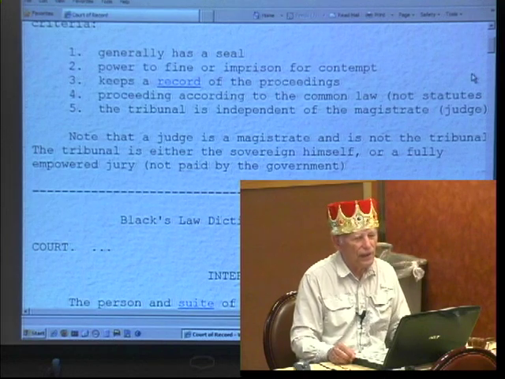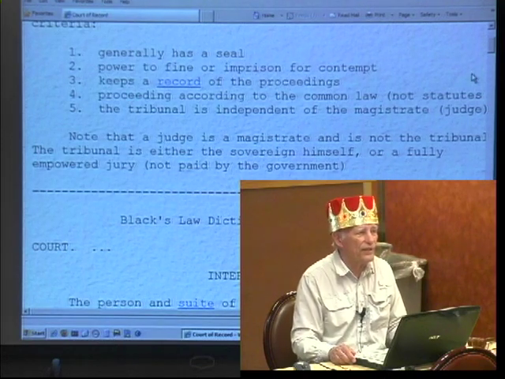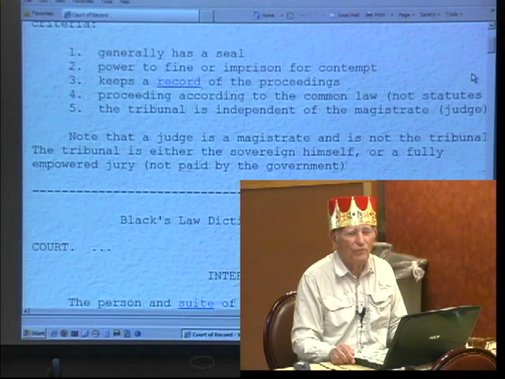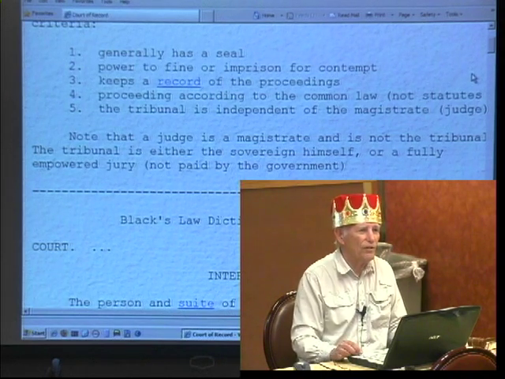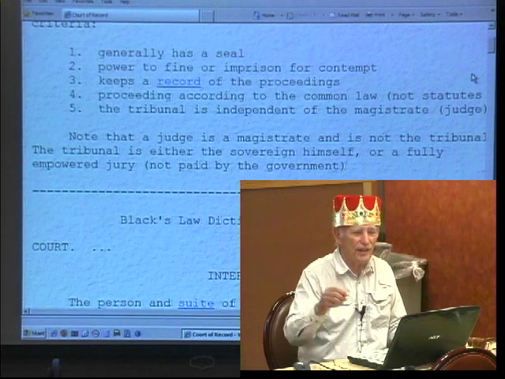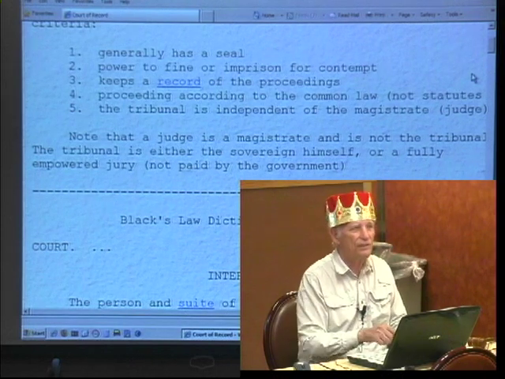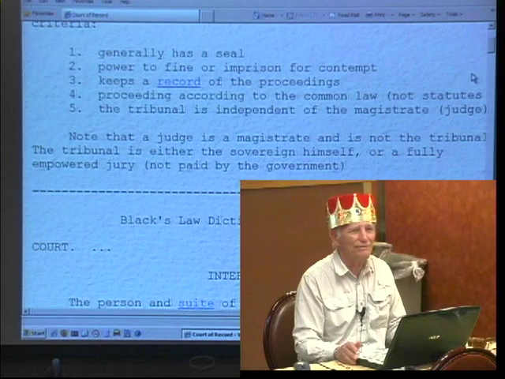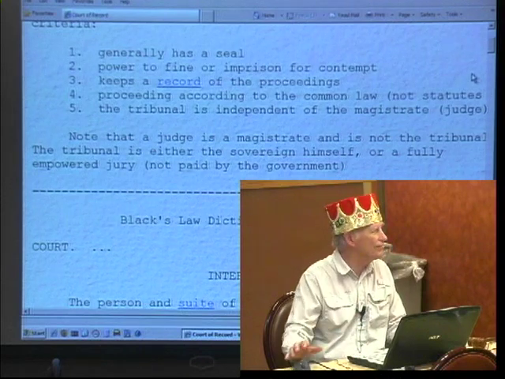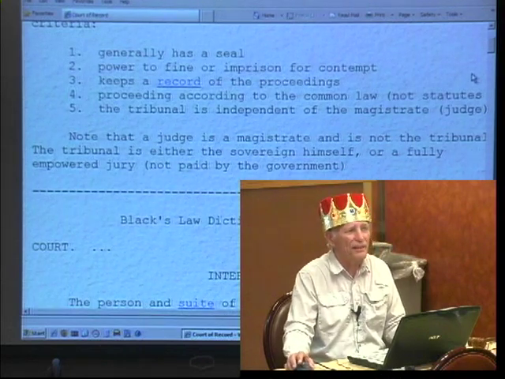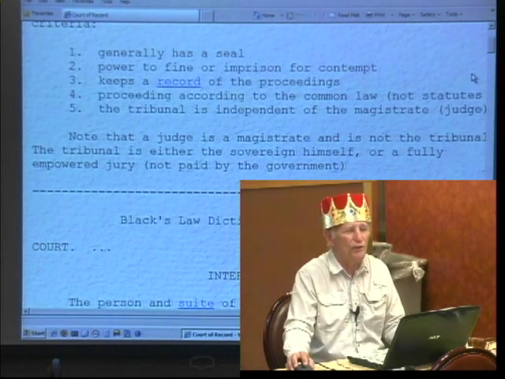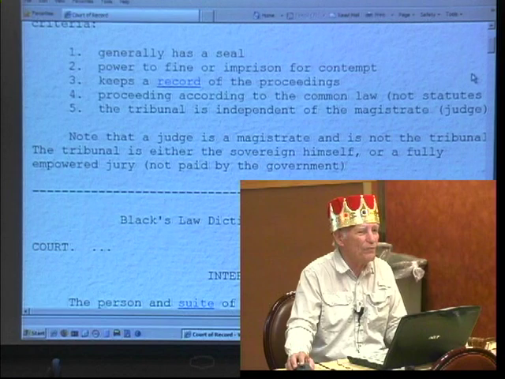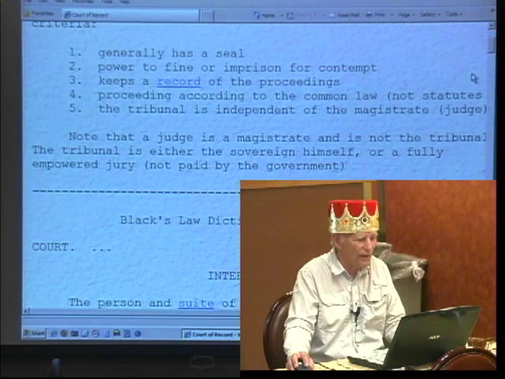I went to the federal court one time in Las Vegas, and when I wanted a seal on the paper, the court clerk pulled out a rubber stamp and stamped it, and it had the word seal. That was it, in block letters. The only thing you really need for a seal is the word seal. And you'll notice any seal will have that word in it somewhere, one way or another.